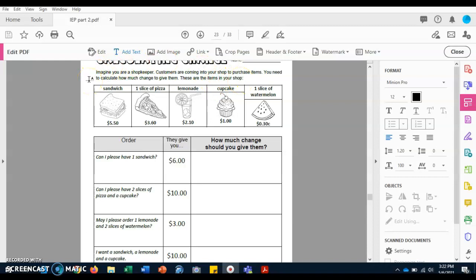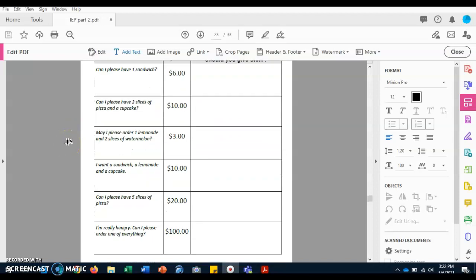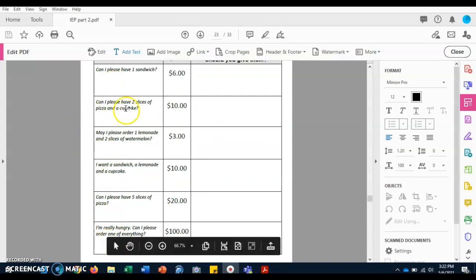So we're going to pretend you have a shop and you sell sandwiches for $5.50, a slice of pizza for $3.60, a lemonade for $2.10, a cupcake for $1, and a slice of watermelon for 30 cents.